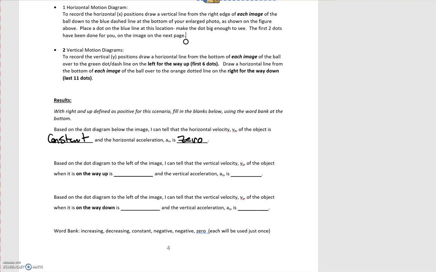I can tell that the vertical velocity of the object when it's on its way up is decreasing, and the vertical acceleration is negative. I can tell the vertical velocity of the object when it's on its way down is increasing, and the vertical acceleration is negative.